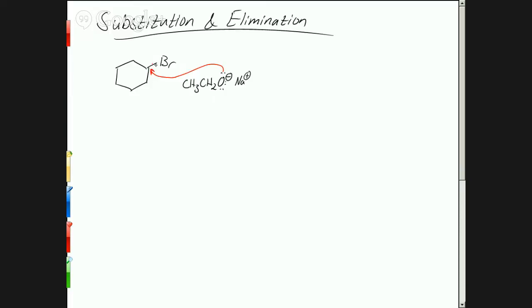And since we can't have all that stuff attached at the same time, the bromine leaves in return. So now what we have is this thing connected to that ring, and the byproducts of sodium and bromide.